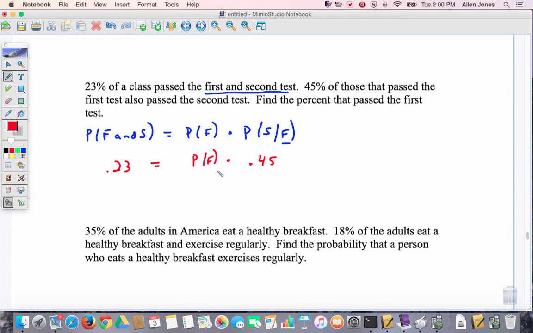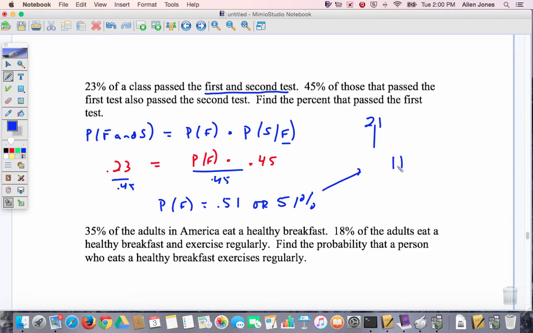Of those, 45% passed the second test, so 45 here, which means we need to find out what percent of the class passed the first test. So I'm going to divide by 0.45 to get the first test by itself, and the probability of passing the first test is about 51% or 0.51.